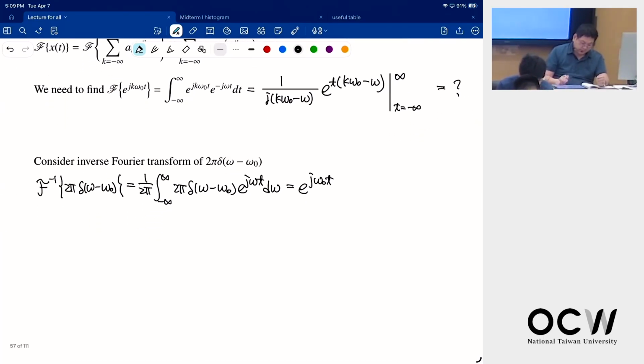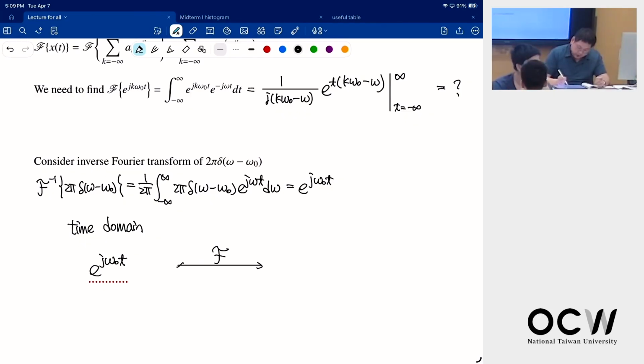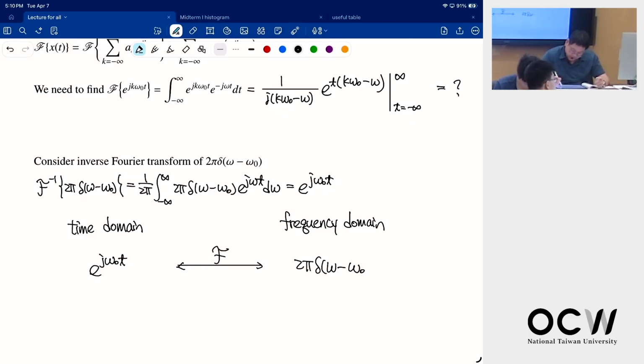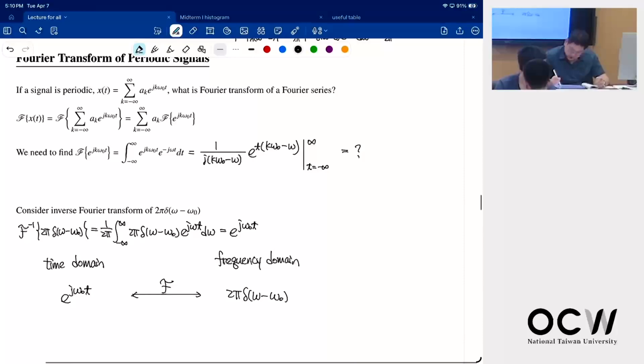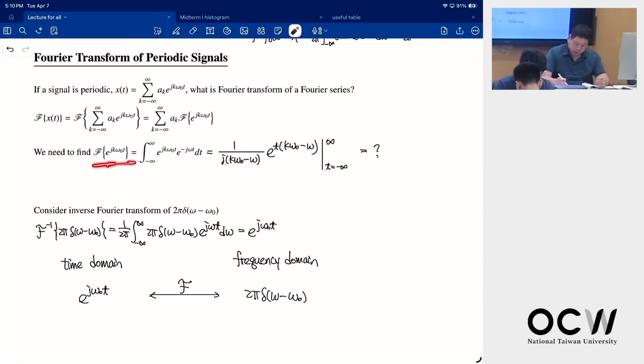So you can see that in time domain I have e to the j omega naught t, then in frequency domain we have 2 pi delta function omega minus omega naught. Then we found it.